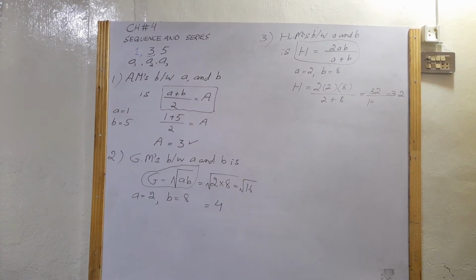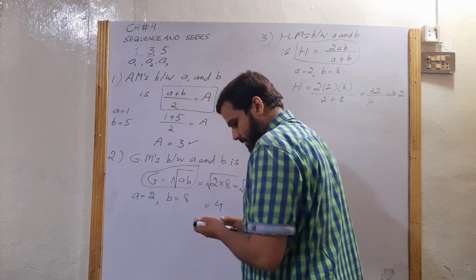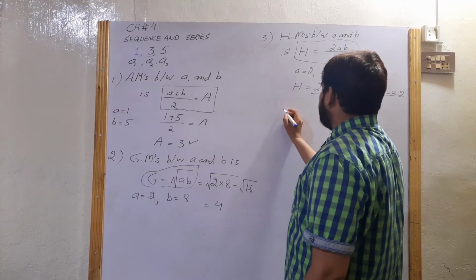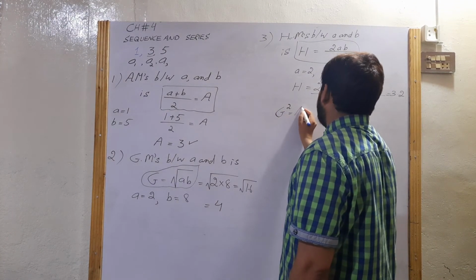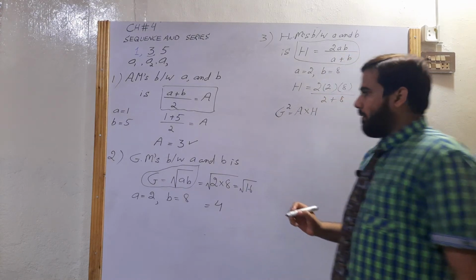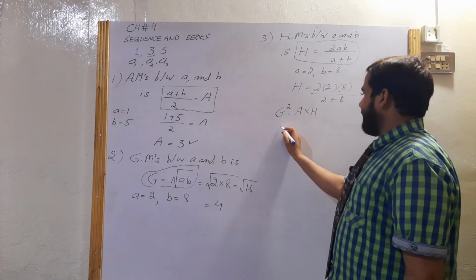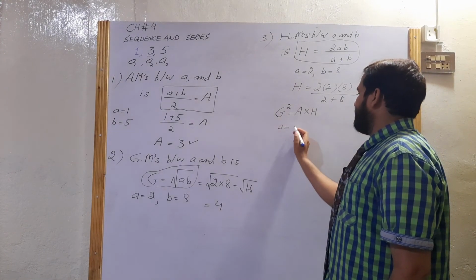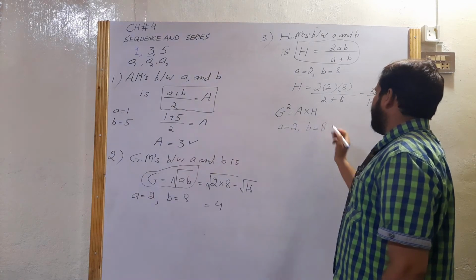Now we will discuss the relation between these formulae. The geometric mean squared is equal to the product of the arithmetic and harmonic means. For example, we have two numbers, a equal to 2 and b equal to 8.